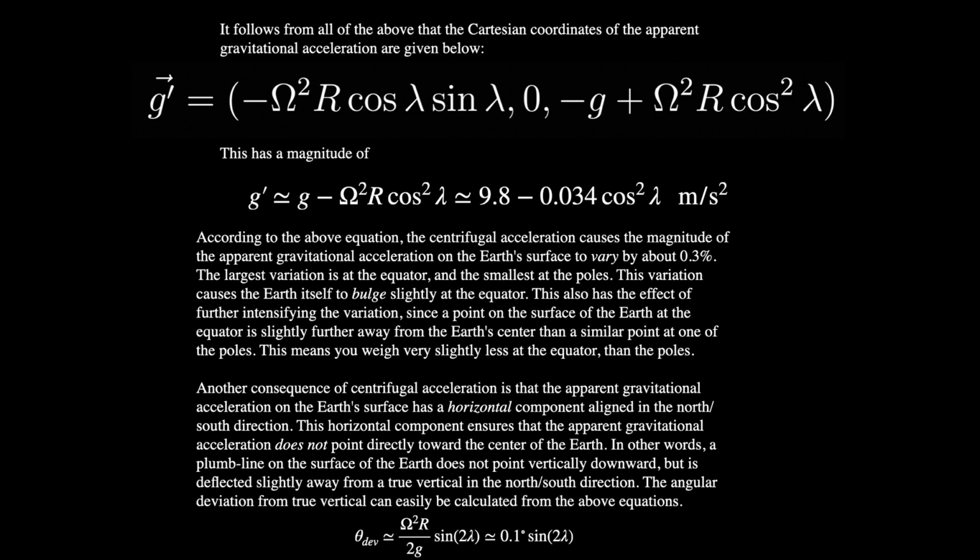The x thing is also there, but there's no g in that because x is either north or south, so the north-south component doesn't have the gravitational acceleration component. Neither does the y component, which is east or west. And there is no y component, east or west, to the centrifugal force, or centrifugal acceleration.